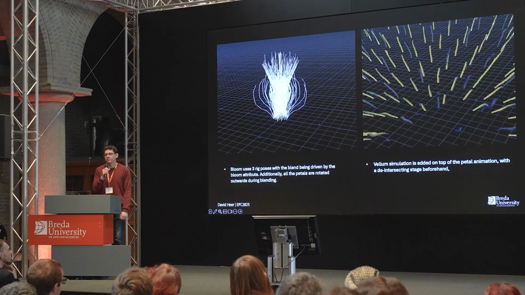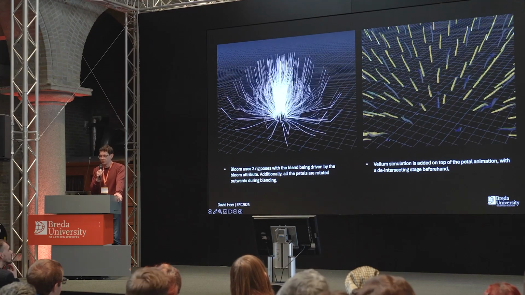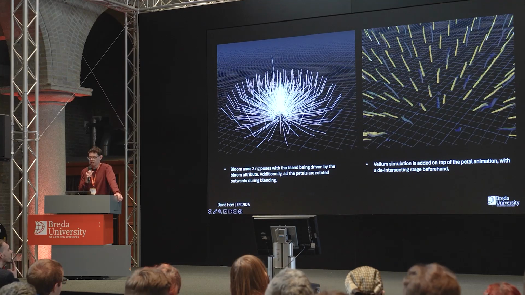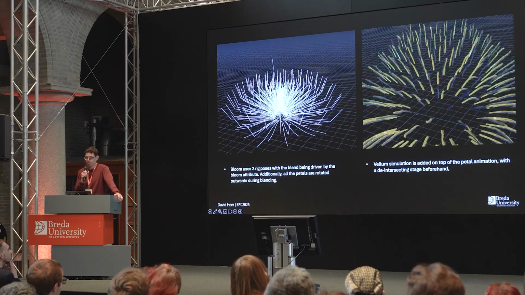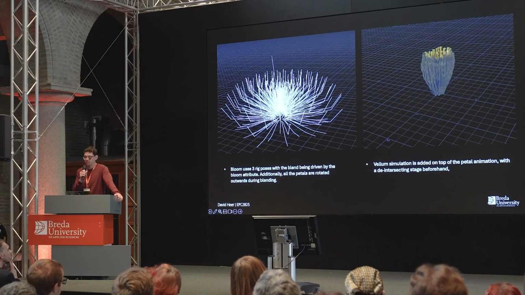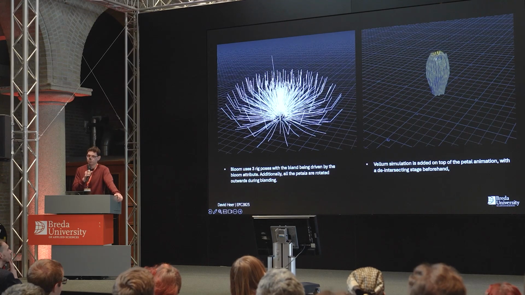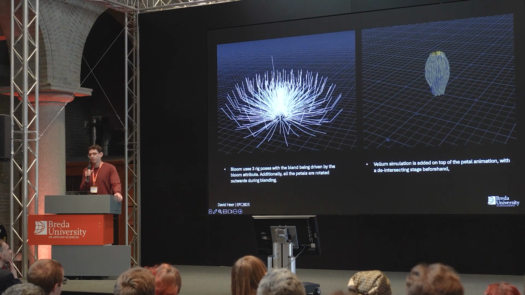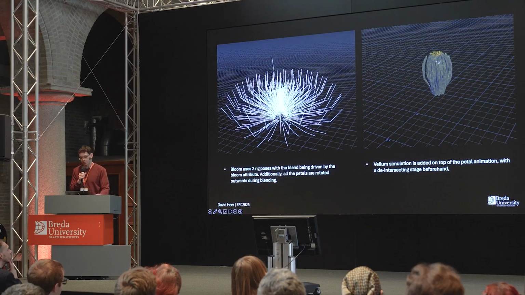This attribute drives the blend between the three rig poses. Additionally, the petals are also rotated outwards during the blending. And on top of the animated petals, another vellum simulation is applied, with a de-intersection stage added beforehand to make sure that they don't intersect when the flower opens.